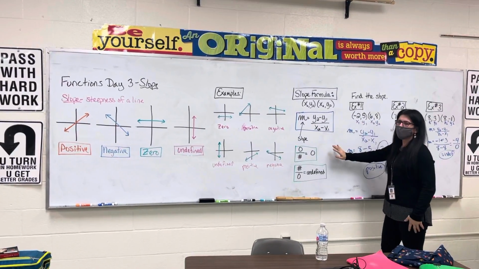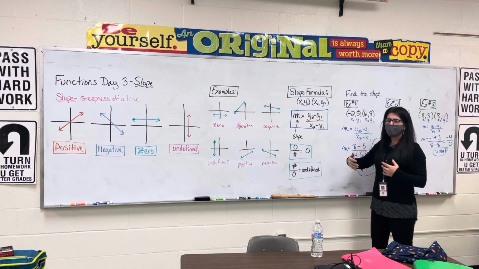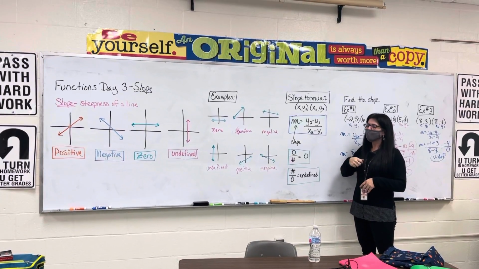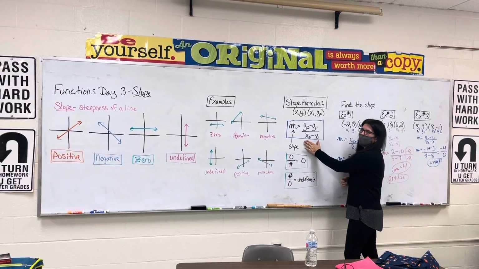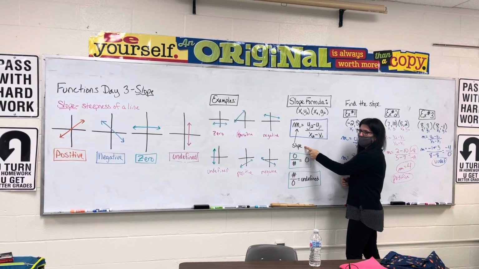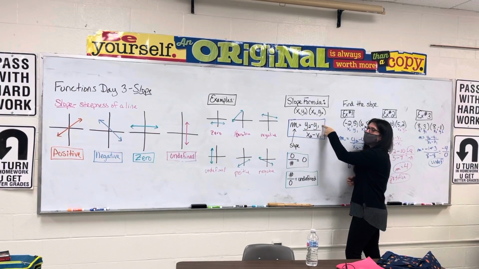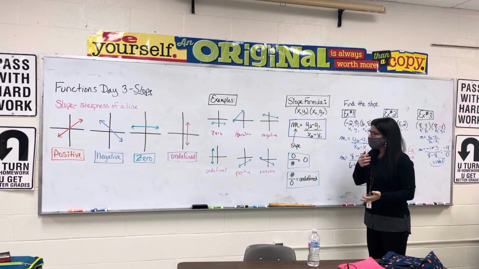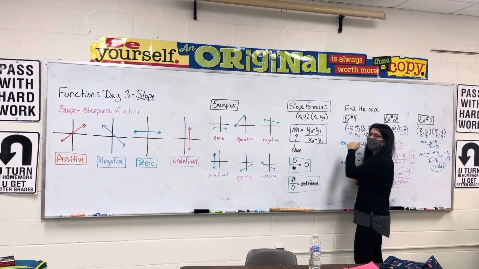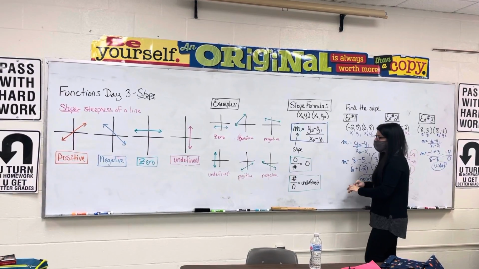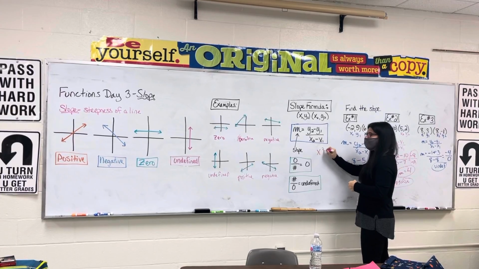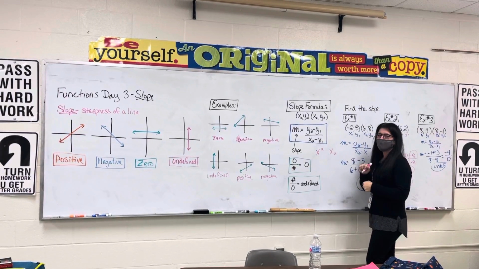Moving on, we do have the slope formula. I'm going to explain this quickly, but you can always rewind and slow this down and pause it if you need to. So this is our slope formula. M stands for slope, and this tells you how to calculate slope. Notice that it is x's and y's. There's a big difference between x squared and x2.